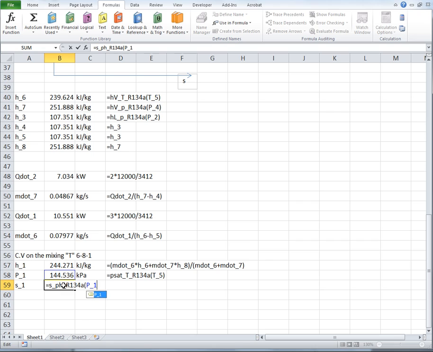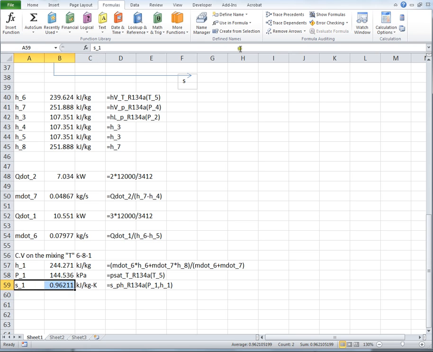So the pressure is P1 and the enthalpy is H1, and it tells me that entropy is 0.96211 kilojoules per kilogram per degree K.